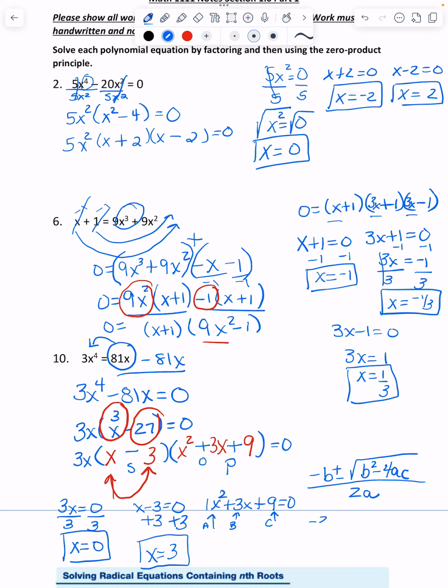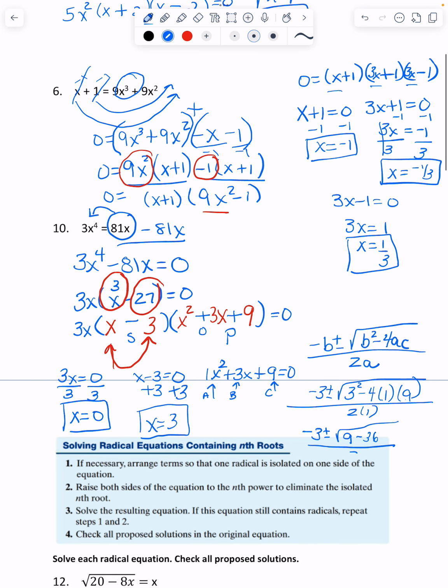Negative 3 plus or minus the square root of 3 squared minus 4 times A times C over 2 times A. So we get negative 3 plus or minus the square root of 3 squared, which is 9, minus 4 times 1 times 9 gives me negative 36, over 2.